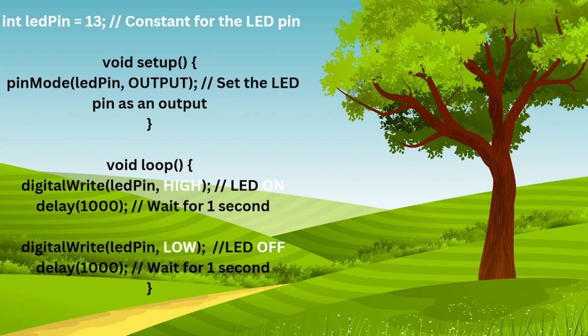And we have the code to set up and run the LED, where we blink the LED by setting it high to turn it on for 1 second and low for 1 second. So the output will be the light turning on and off, with the LED attached to pin number 13 and ground.